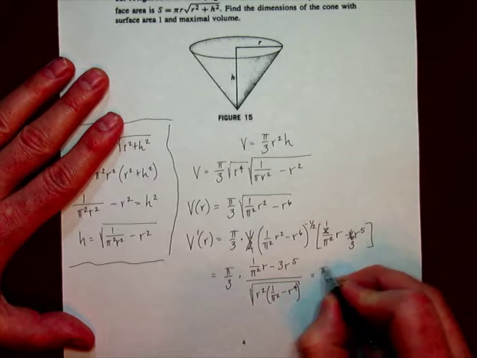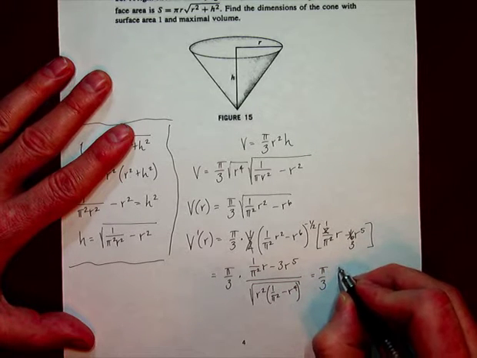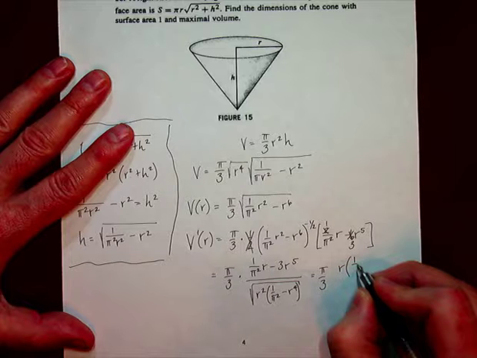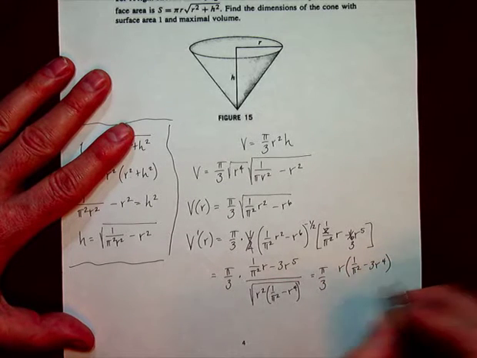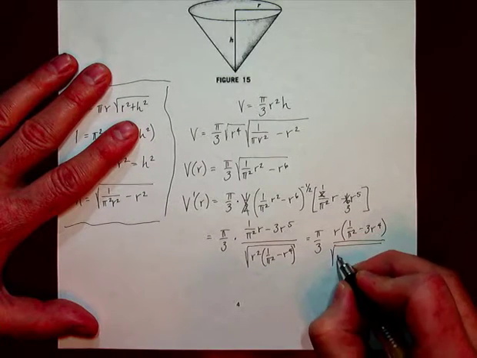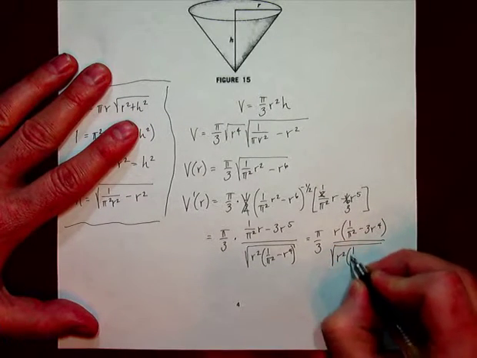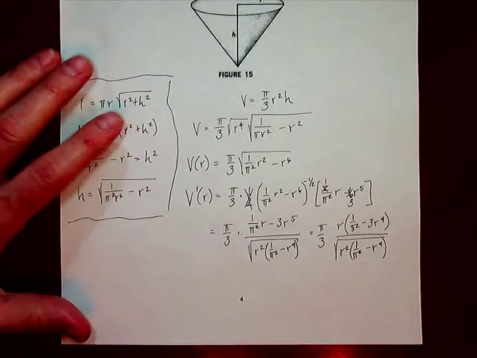And I can do a little bit of factoring up here in this numerator and take out an r. And I'm left with 1 over pi squared minus 3r to the 4th. Whew, yes, I know, it's exhausting. You get r squared and 1 over pi squared minus r to the 4th.